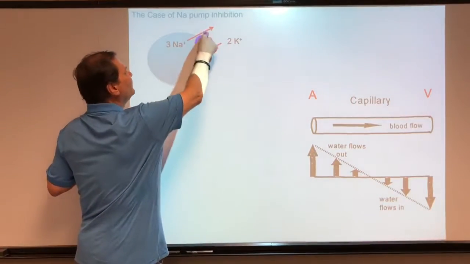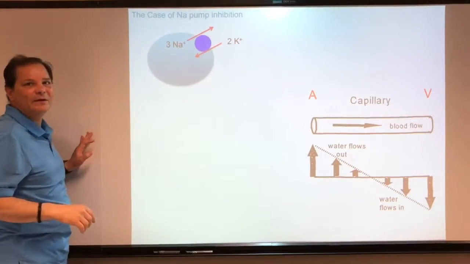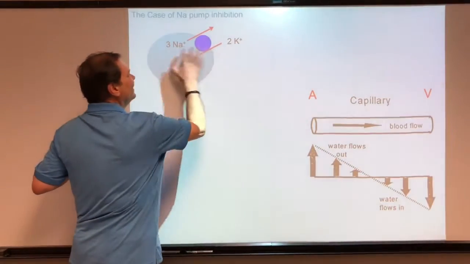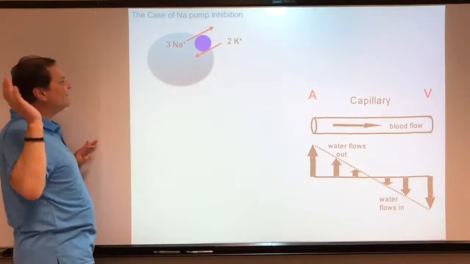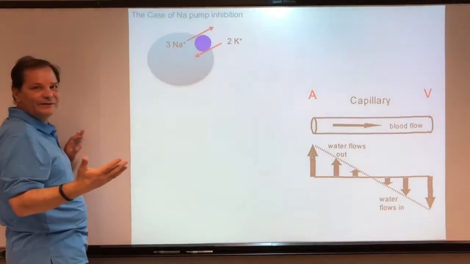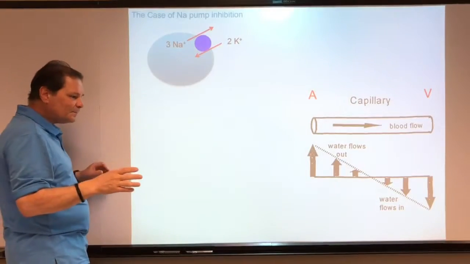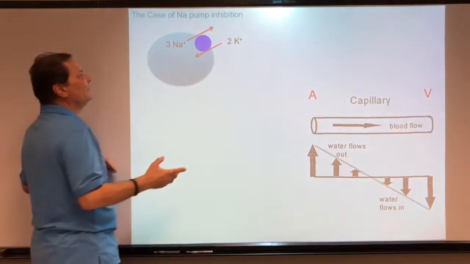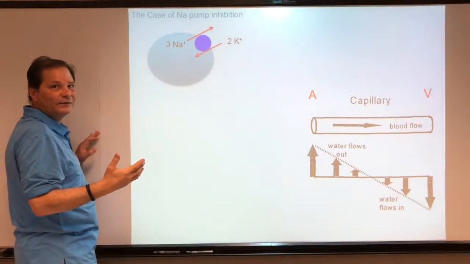So every time this pump turns over, it moves a particle out, but something else is moving a particle in. So at steady state, the osmolarity is constant, and it's the same here and here. Okay, your red blood cells are doing this right now. Okay, and the cell volume is constant because you've got this constant trade-off of transporters such that the osmolarity is maintained the same on both sides.